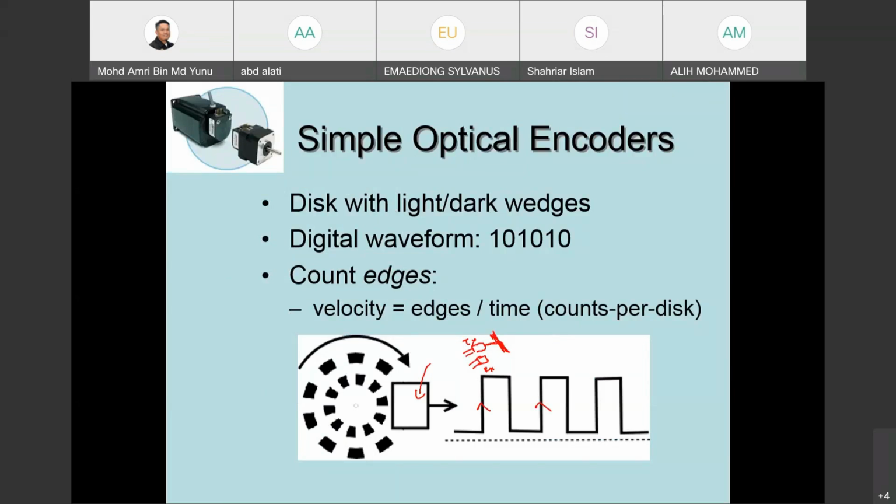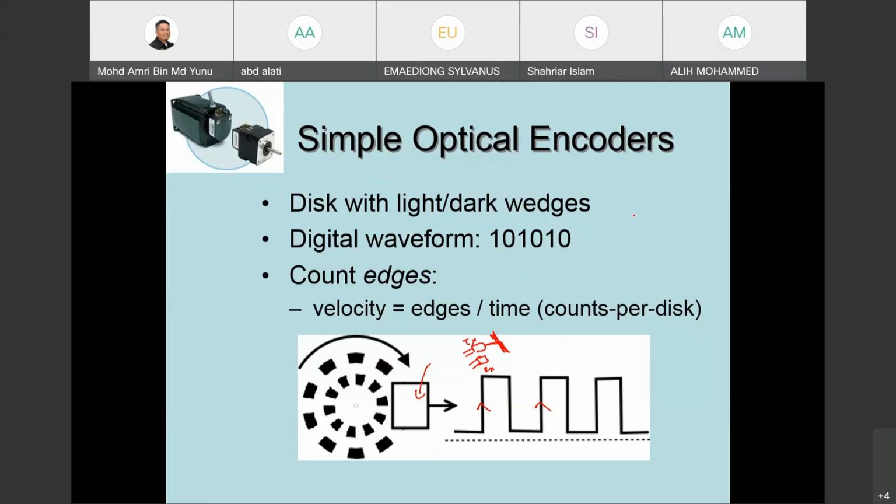So we have a simple optical encoder. We have a disk, and the disk has a pattern where some part of it is removed, or some part of it is painted or covered with a dark coating.